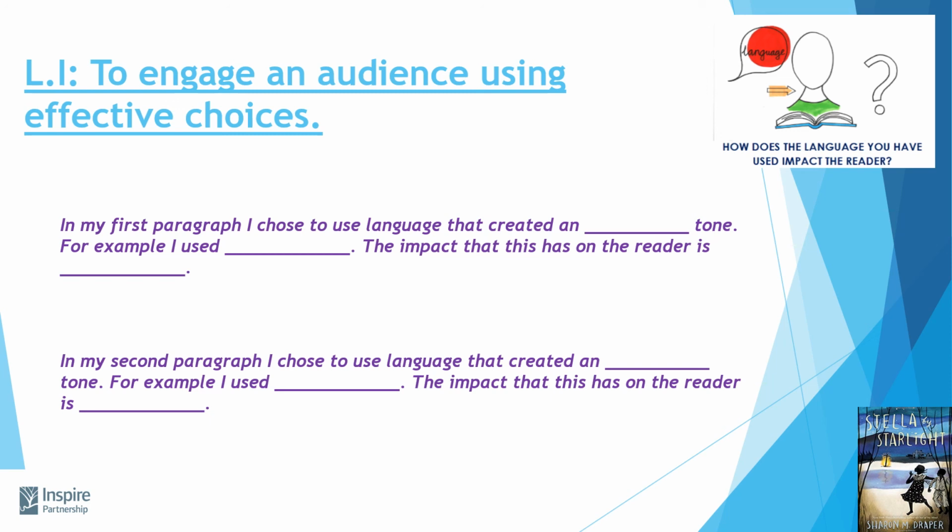And in your second paragraph, you should have a completely different setting description, and it might be that that mood has completely changed, that tone has completely changed in that second paragraph because the setting has changed. So again, can you pick out examples within that paragraph that create that mood and that tone, and tell us what impact that has on the reader?